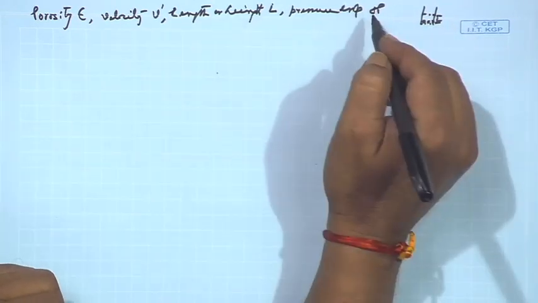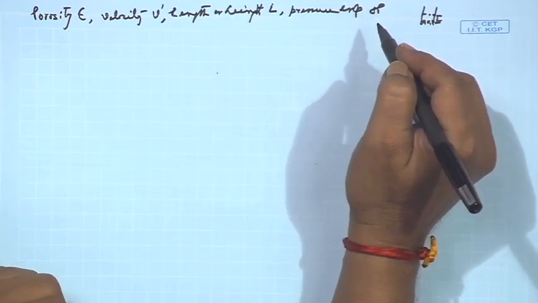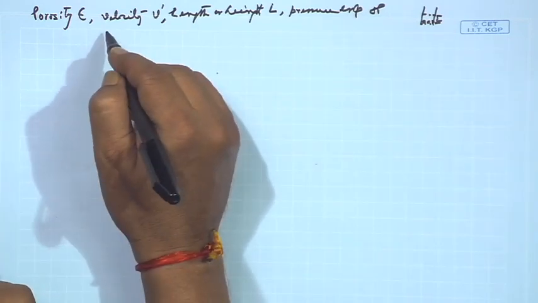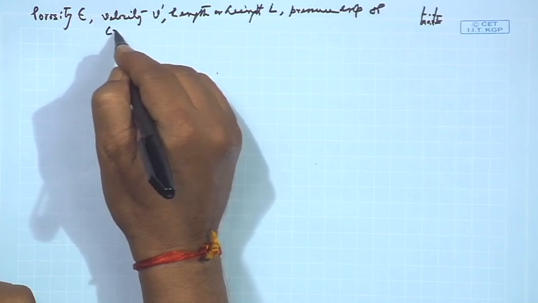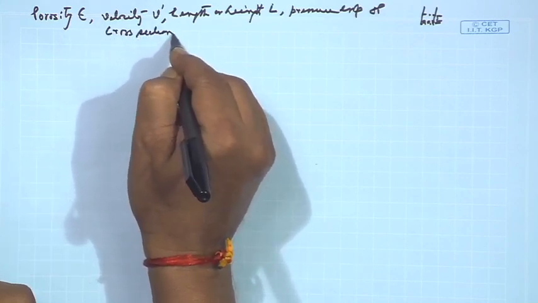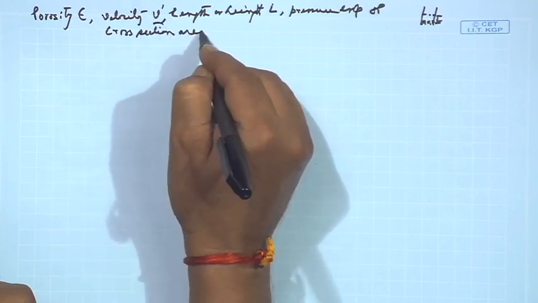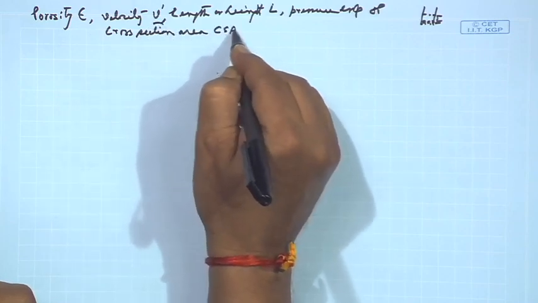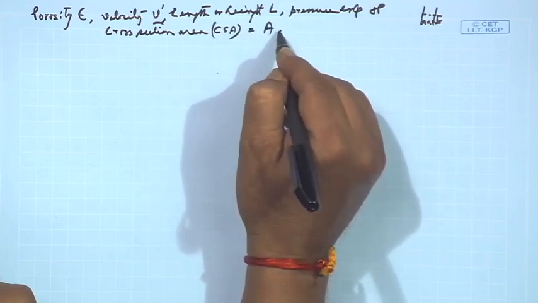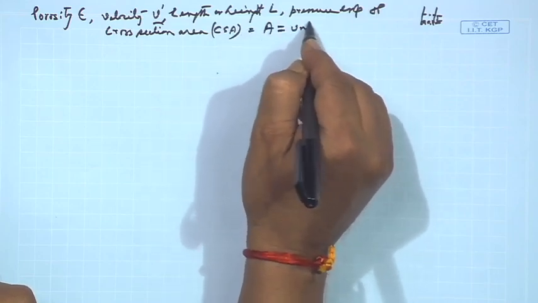Now, the cross sectional area of this, CSA, is equal to A, and it is uniform.